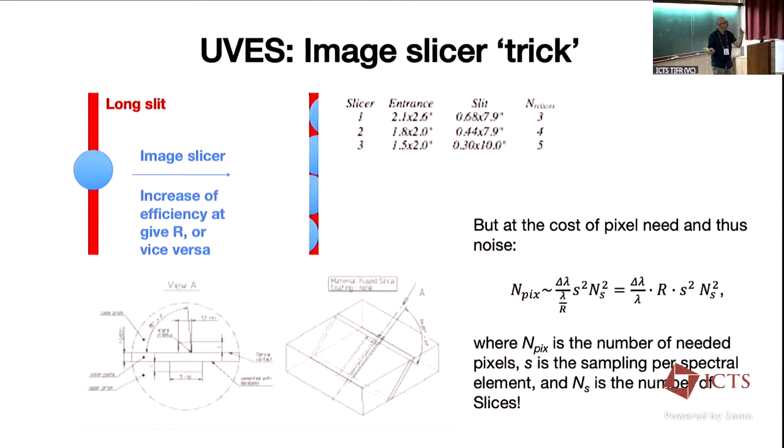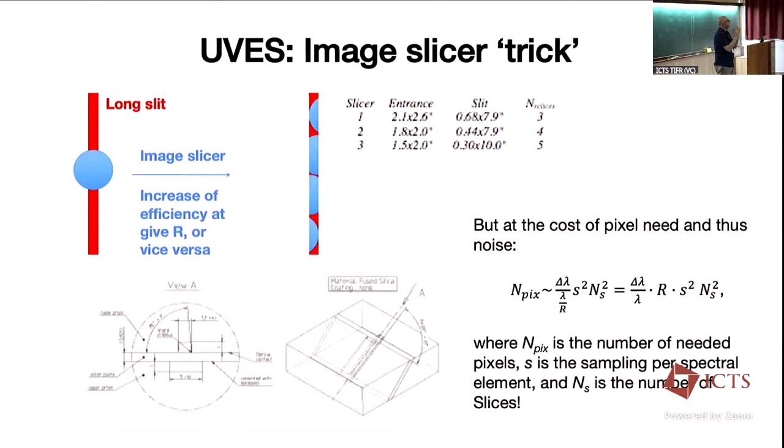If in the focal plane I introduce such a component, two prisms glued one on top of the other, which cuts the image here in 2, 3, 4, 5 parts, so you cut the image and you realign it along the slit, then you get all the light into the slit, but you don't increase the slit size.